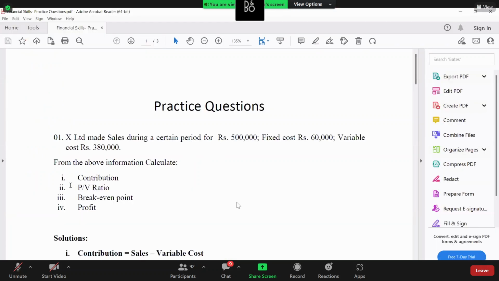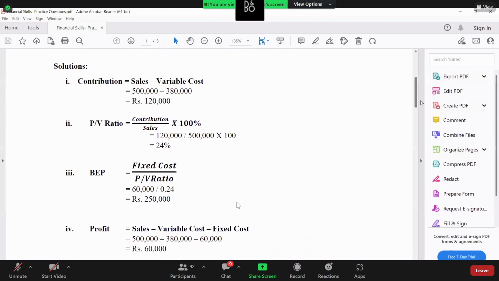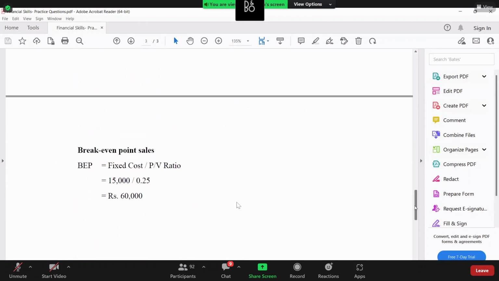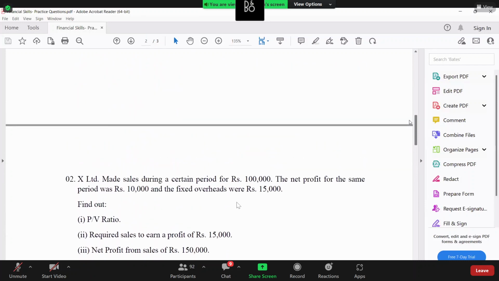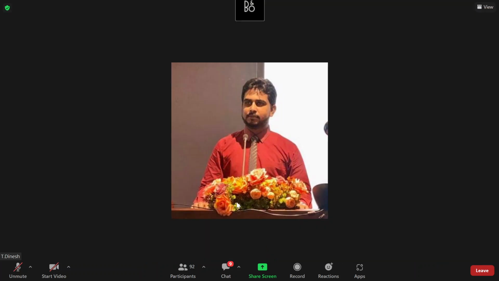There are 2 questions and working solutions also. This is the second question with the solutions. You can practice and compare your answers with this. Altogether you have 3 questions. You can practice that for financial skills.